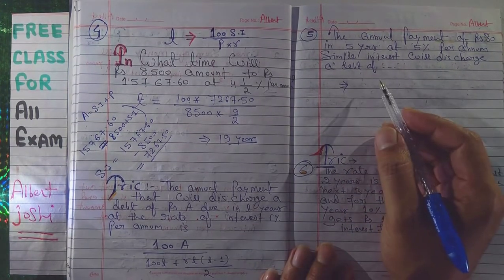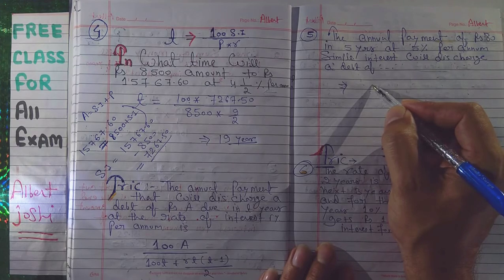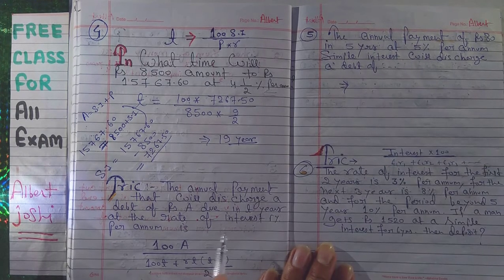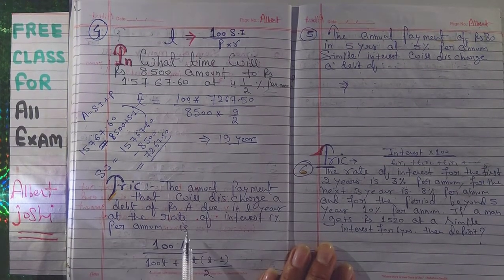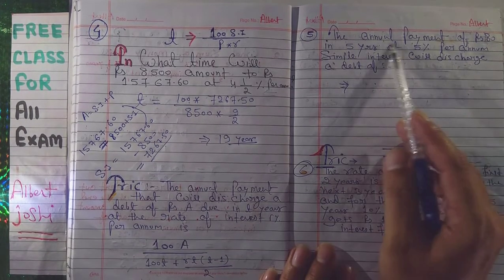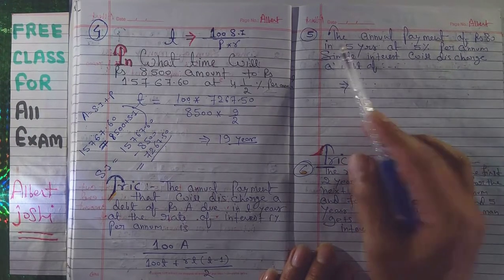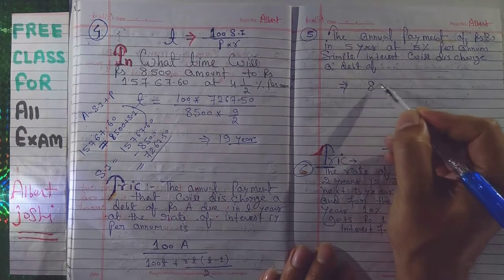Your EMI money per annum is, and he has given you the annual payment of rupees 80. It means 80 you have to give.